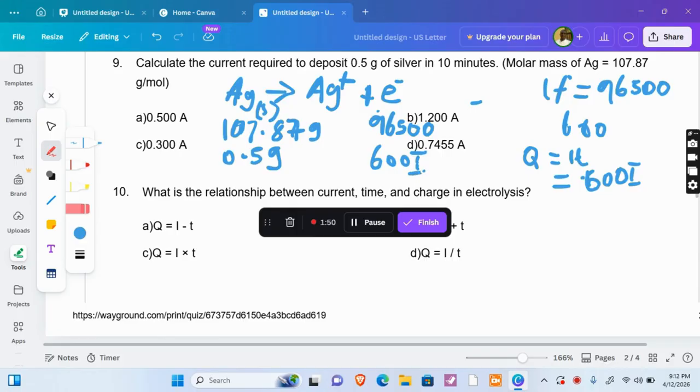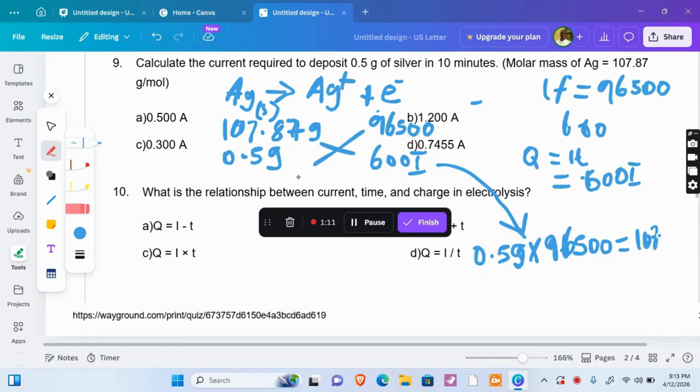So we will now cross multiply. We have 0.5 grams times 96,500 to be equal to 107.87 times 600I.